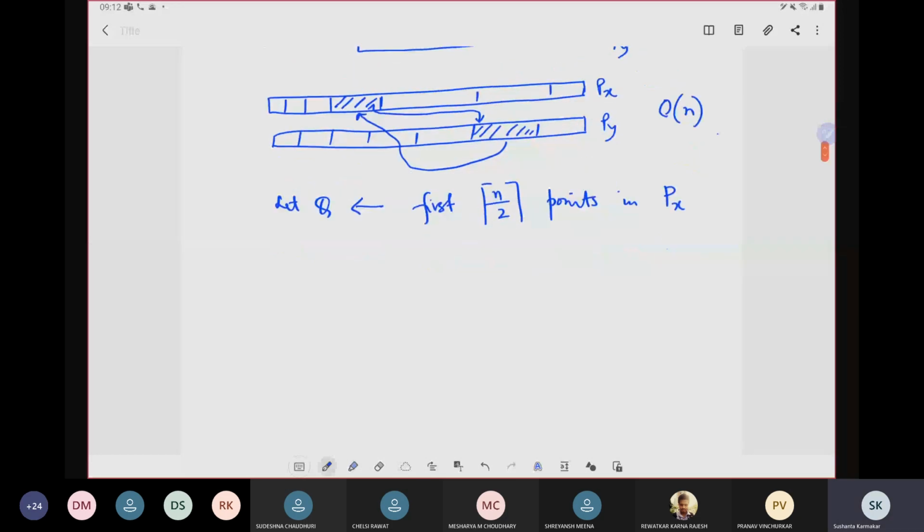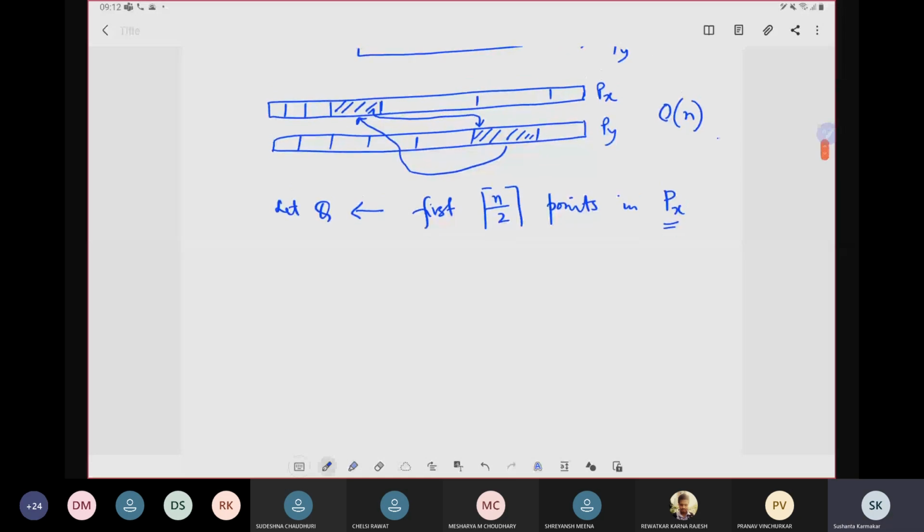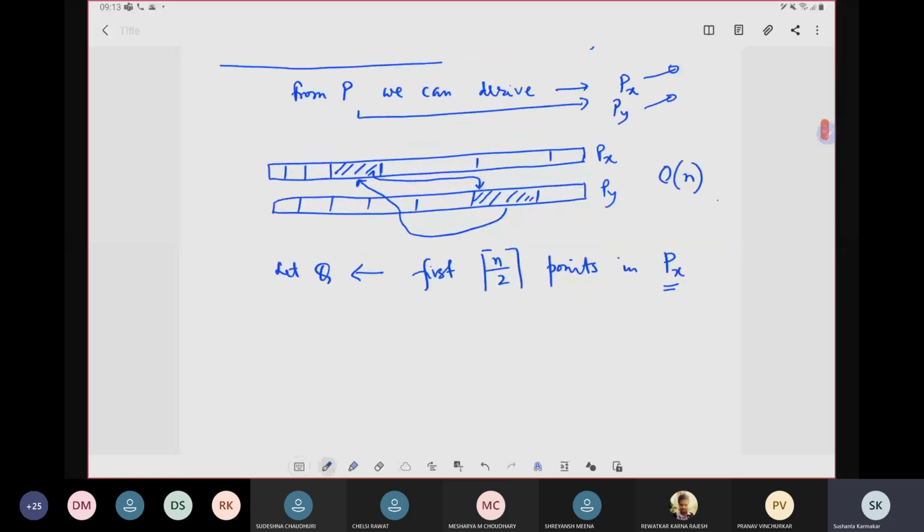Since set-wise all are the same, I start with Px. If you feel comfortable with Px, you can start with Py also, it will be similar. So let us start with Px, the same set of points. I assign Q to be the first n by 2 points in Px. Px is sorted and I just divide it like this.